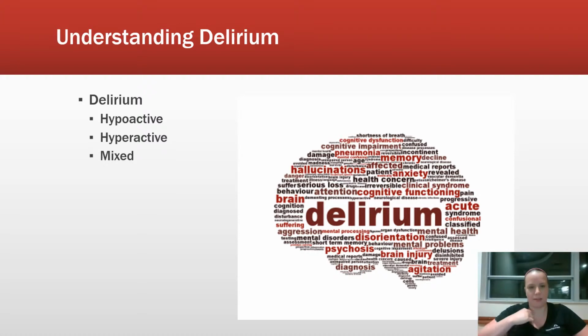Most people assume that if you're delirious, you're going to be in hyperactive delirium, which is more seen with patients that are really confused, restless, agitated, very emotional. But the majority of patients that are actually delirious are hypoactive delirium, which means usually they're lethargic, they have decreased responsiveness, they're withdrawn, they're apathetic.